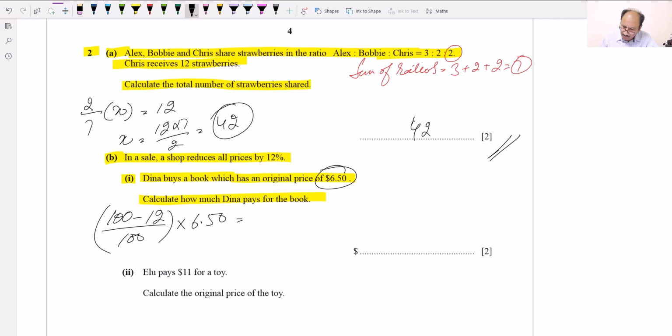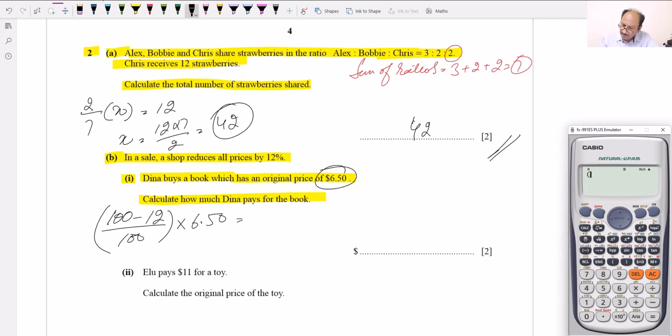So this will be 100 minus 12 over 100, multiplied by 6.50, and this will give us 5.72.